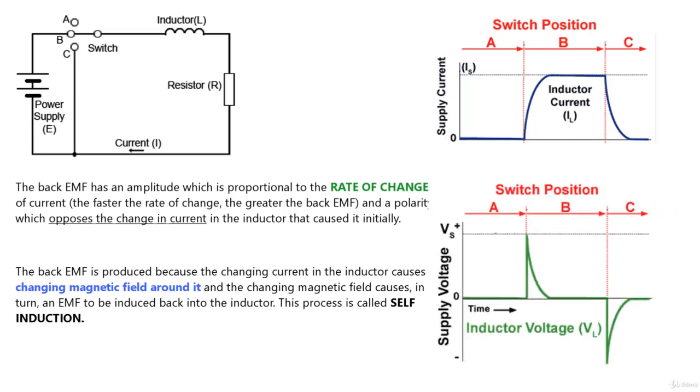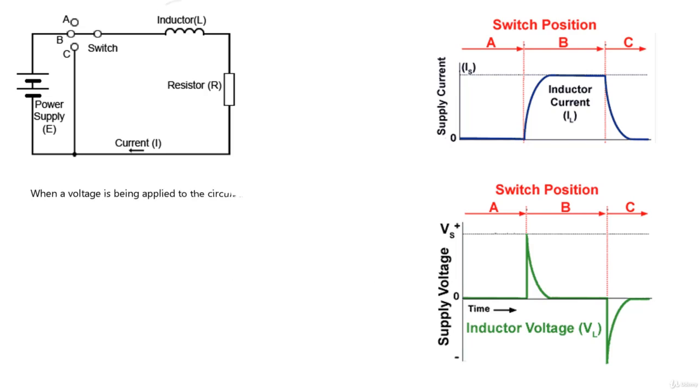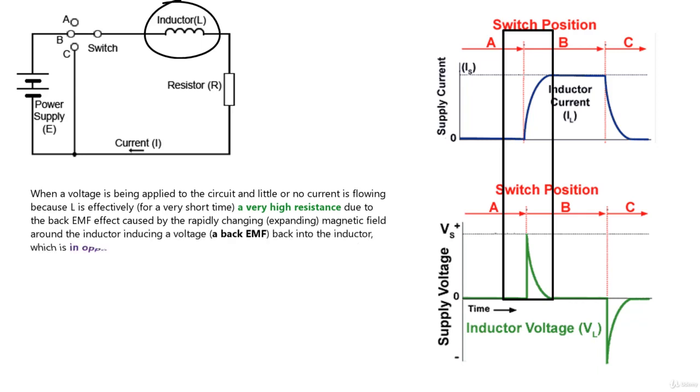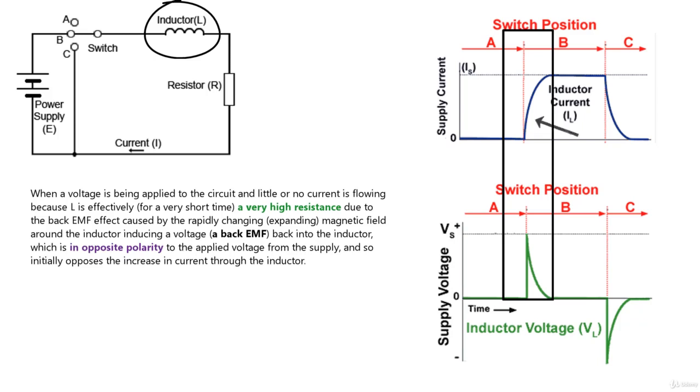Now, looking at this figure, which shows the voltage across the inductor, we can see that at switch on, the voltage immediately rises to a maximum value. This is because when voltage is applied to the circuit, little or no current is flowing because the inductor is seen for a very short time as a very high resistance due to the back EMF effect caused by the rapidly changing magnetic field around the inductor, inducing a voltage, which is called a back EMF, back into the inductor, which is in the opposite polarity to the applied voltage from the supply, and so initially opposes the increasing current through the inductor.